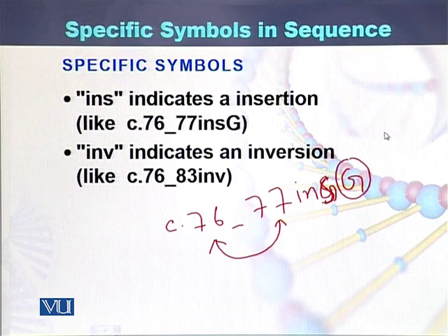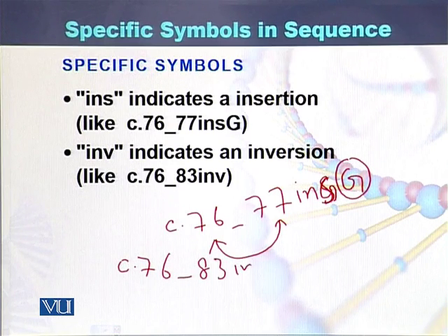In case of inversion, it is also written on the same pattern by writing inv. So c.76_83inv. Inv is the abbreviation for inversion.